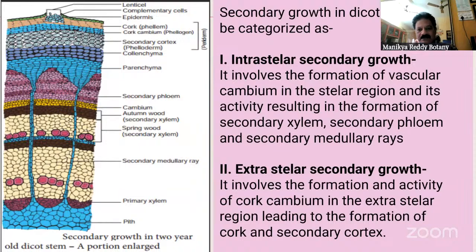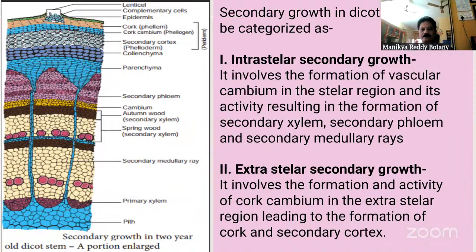Because of its activity, intrastellar secondary growth takes place. Because of this, secondary xylem and secondary phloem are formed, along with the secondary medullary rays.